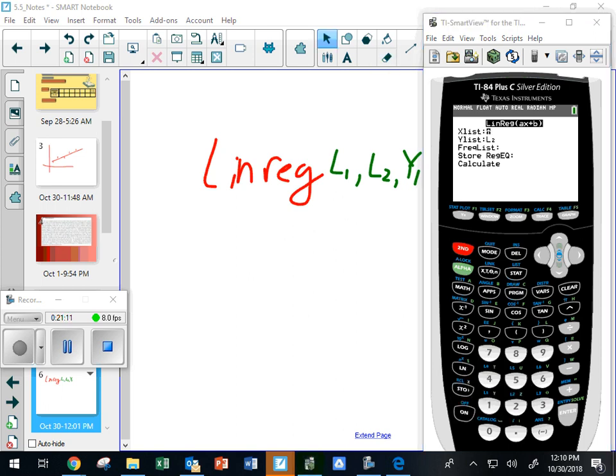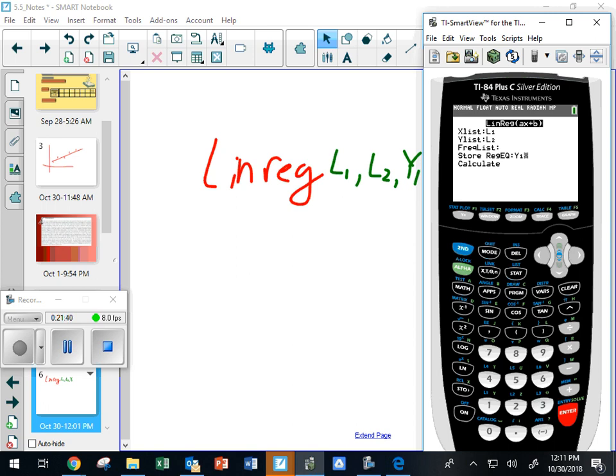There we go. All right. So, erasing those, I'll get my L1 back here on the X list. I'll arrow down to this store Reg Equation, and I'm going to do that again. So if you did not get it the first time, we hit vars. We arrowed over to y vars. We hit function, and we just hit Y1. So now under our store Reg Equation, we have Y1.